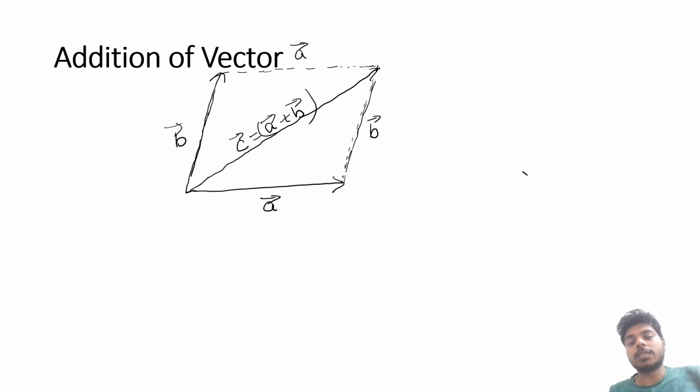There is no difference actually. Between the triangle rule of addition and the parallelogram law of addition, there is not much difference. We have just shifted a vector to another place, translated the vector without changing the magnitude and direction.